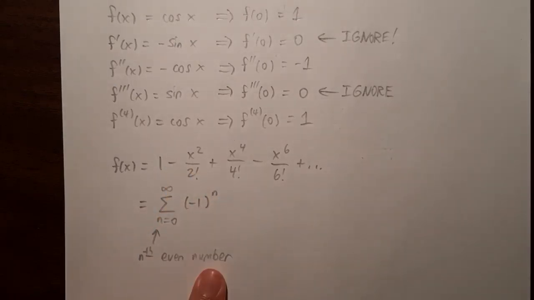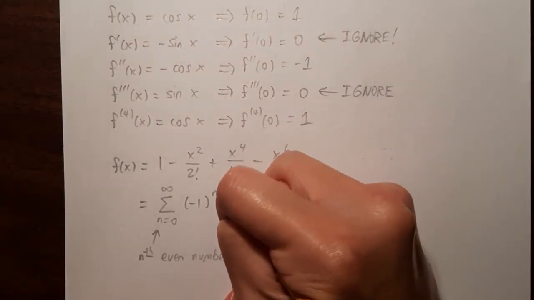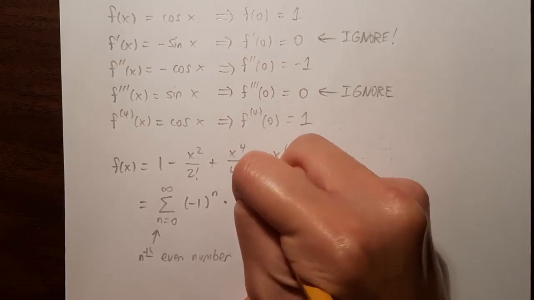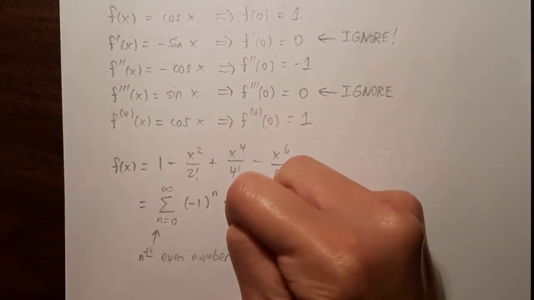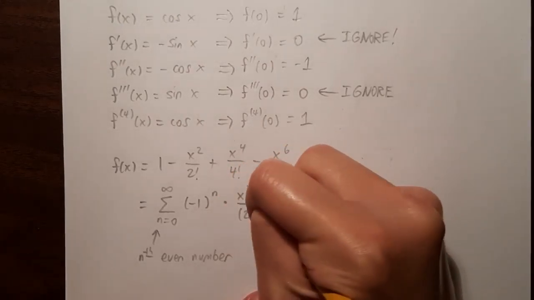So 0 is the 0th even number, 2 is the first even number, 4 is the second even number, and 6 is the third even number. I think you know how to convert that into the actual number. The nth even number is 2n. So I can write this out as x to the 2n divided by 2n factorial.